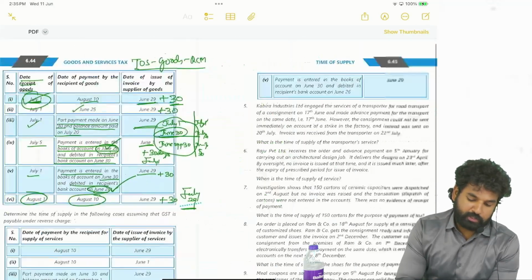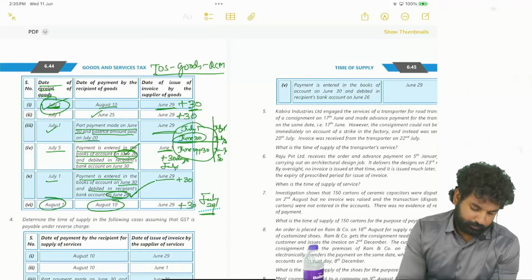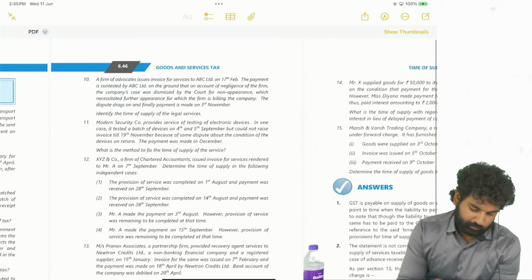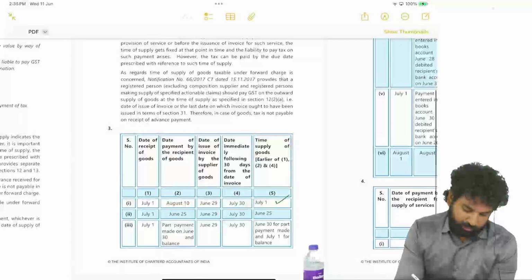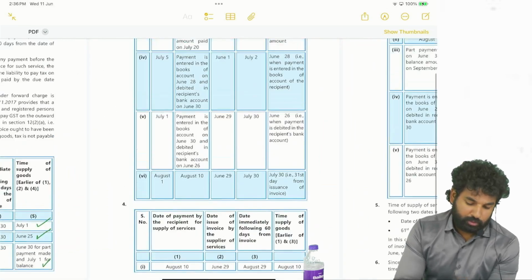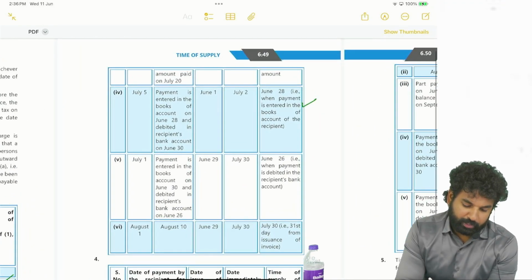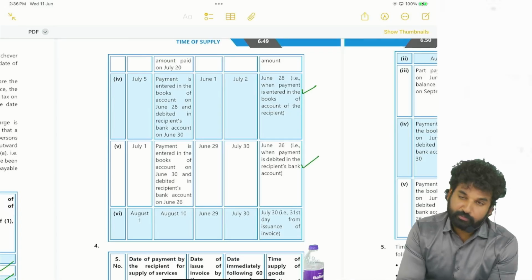Right, now you check the answer. July 1, June 25, June 30 for part payment made, and July 1 for balance. Okay, next June 28, payment entered June 26.